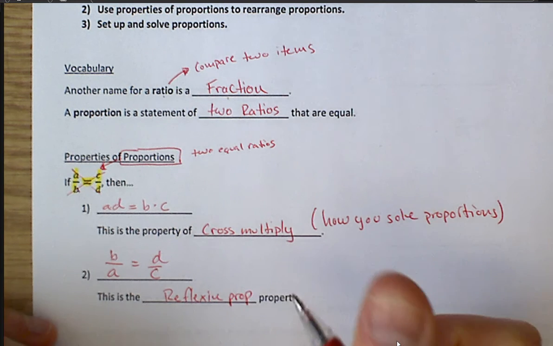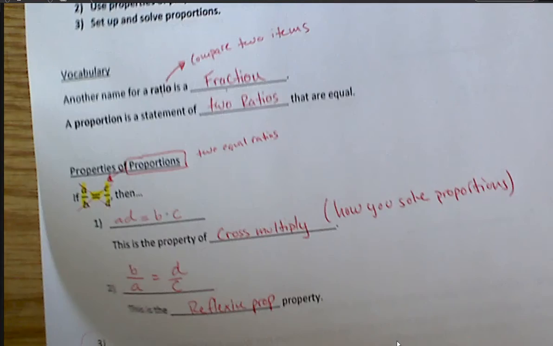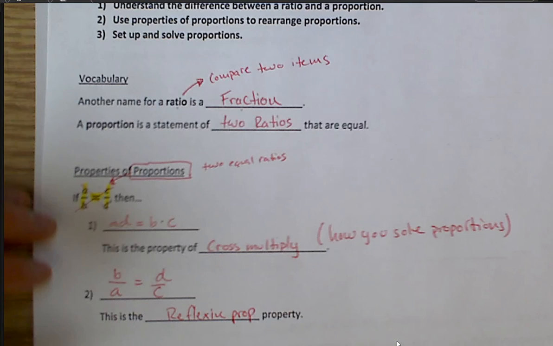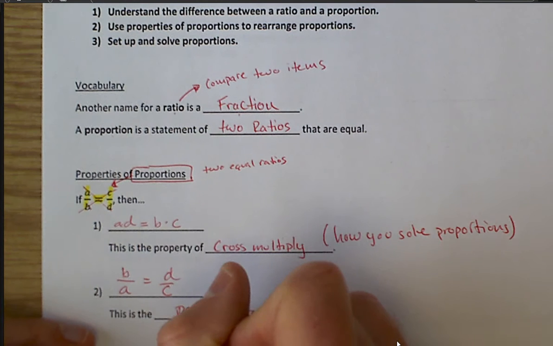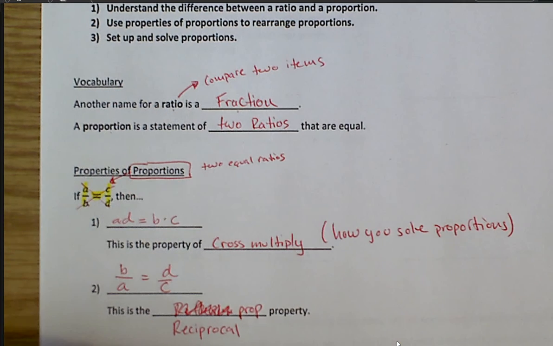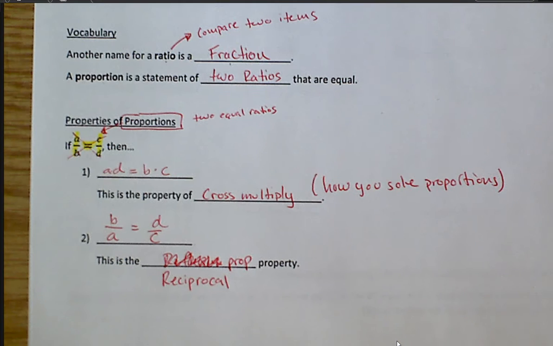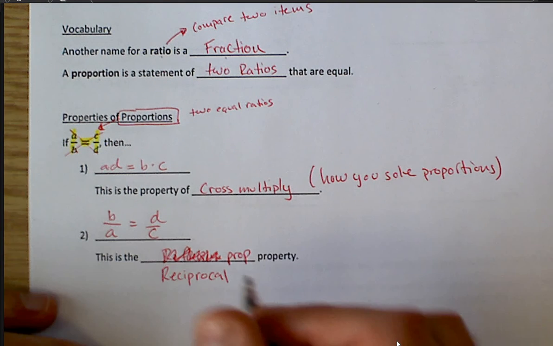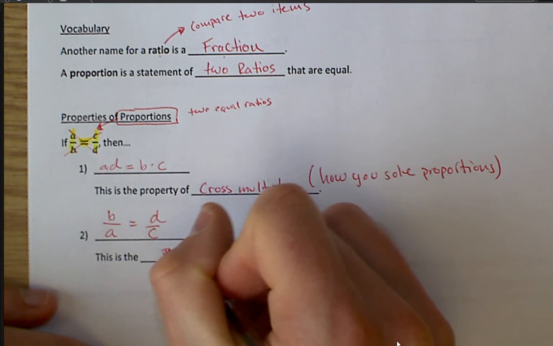Or excuse me, not reflexive, duh. Thinking about Unit 4. How about reciprocal? That sounds better, right? Reciprocal, because we're flipping it. The reciprocal is when you flip something. Sorry, reflexive, I'm so used to Unit 4 here.